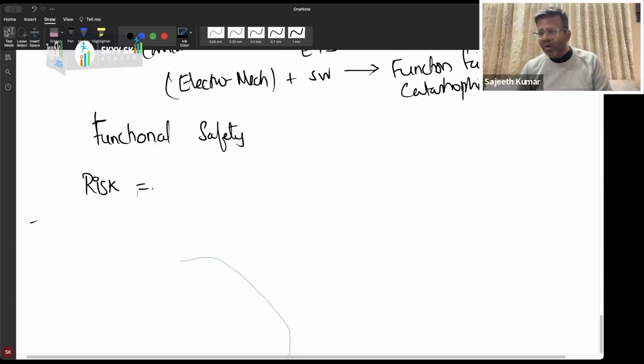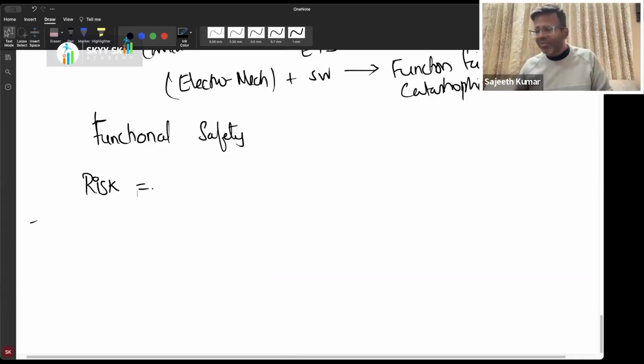Now, what is risk? If I ask this question, each one of you would probably give me a different answer. Let's go ask a 16-year-old boy what is risk, right? He probably doesn't know what risk is. They drive bikes without helmets. They drive at 100 kilometers per hour inside the city. They put their legs out, they zigzag, and they say it's a thrill, right?